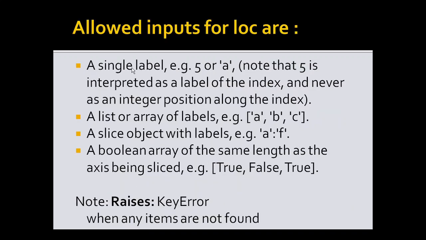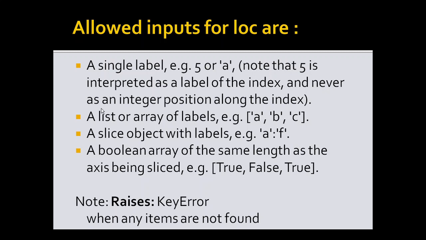Now the type of values which are allowed for loc. Here you can use a single label. Okay, that may be, if your row label has integers or numbers, you can use either 5, as an example, or you can use the row label, whatever you have. Now here 5 is interpreted as a label of the index and never as an integer position along the index.